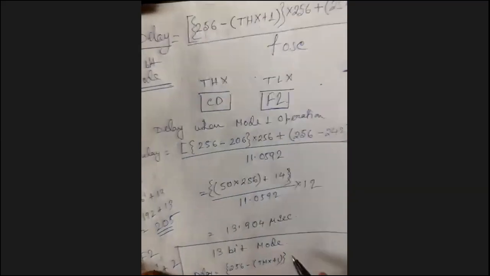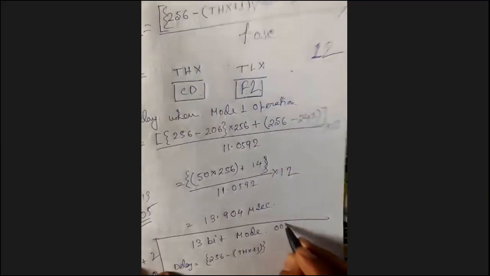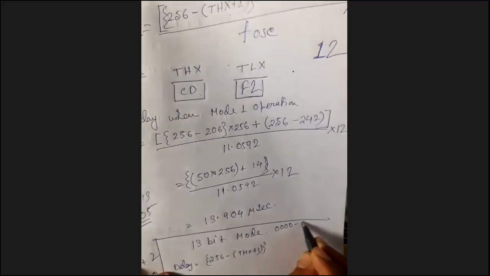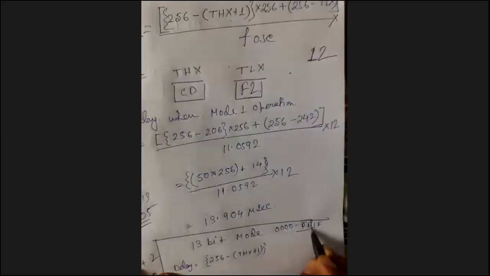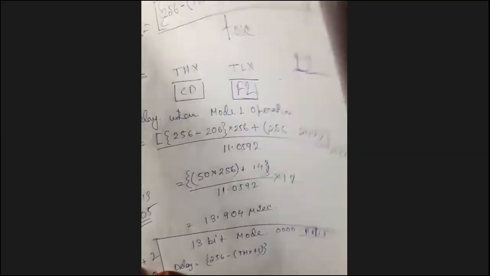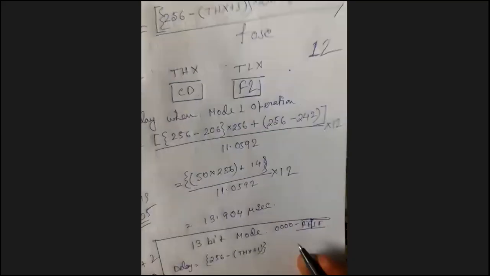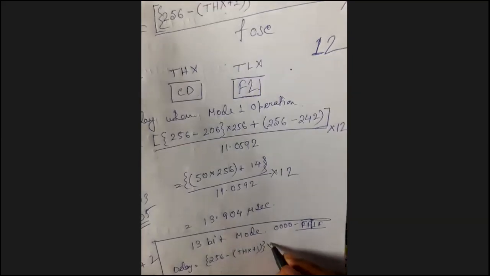For this 1F, the 13-bit mode will count from 0000 to FF1F. This is the higher part and this is the lower part, 1F. 1F means 32, so that will be multiplied by 32.